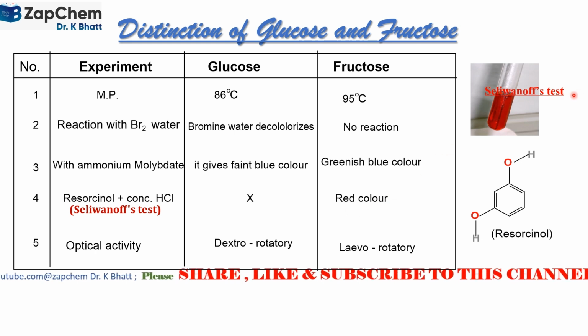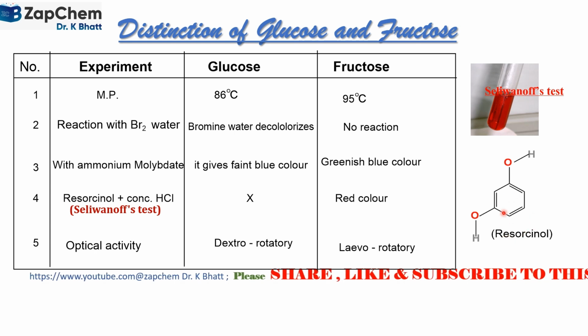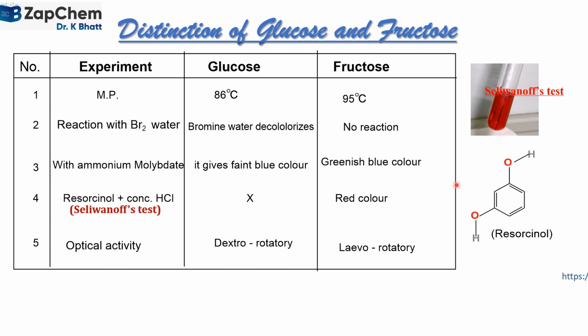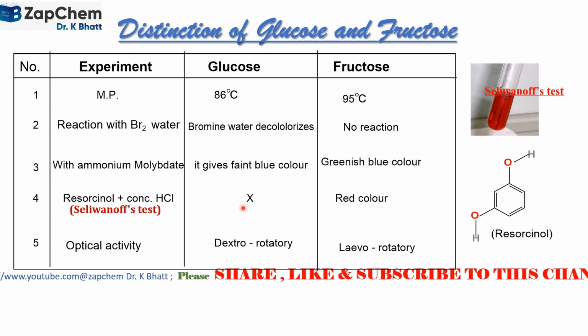Resorcinol plus concentrated HCl make Selivanov's reagent. You get a red color, whereas in case of glucose, you don't find any color.